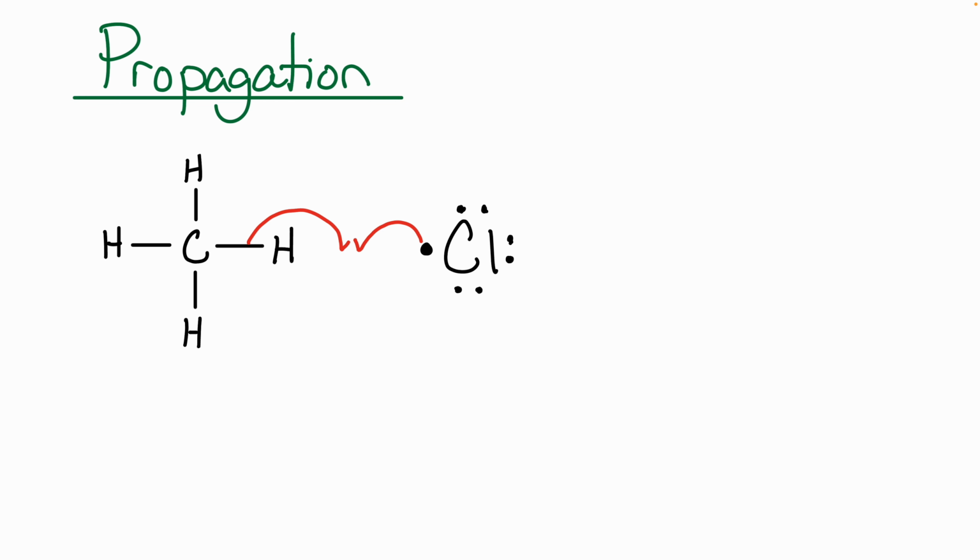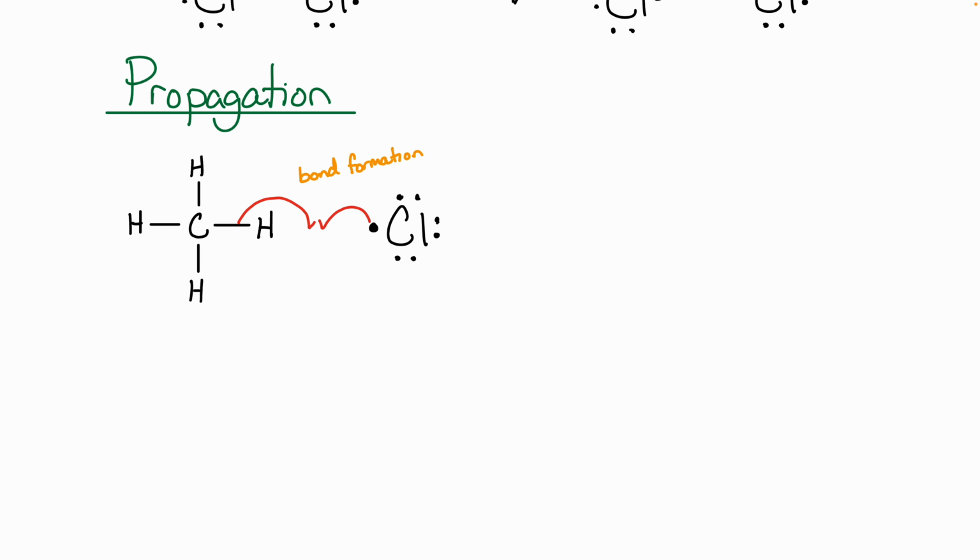Right? So this is how we would draw bond formation with our fishhook arrows. One electron from that free radical joining another electron that used to live in this covalent bond here. All right, and this will form our HCl product.